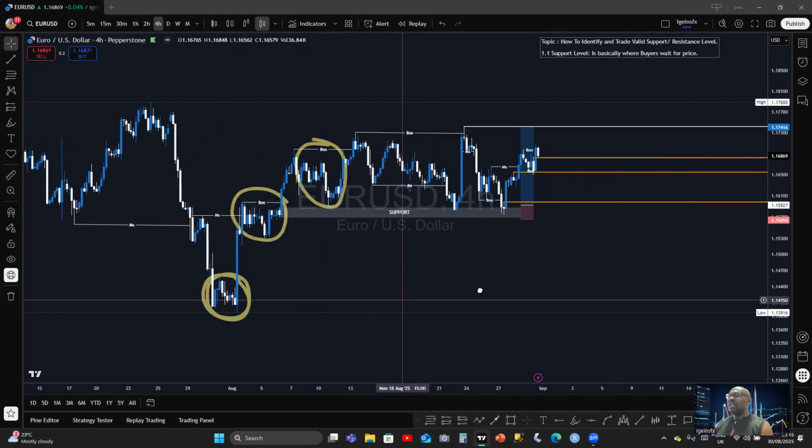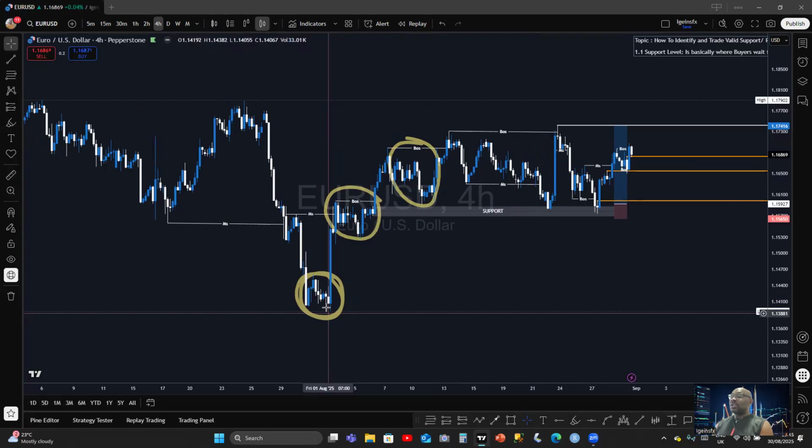But at the end of the day, if it is a support level, like what we are treating right now, it means that buyers will have the upper hand to push the price to the upside from that level.